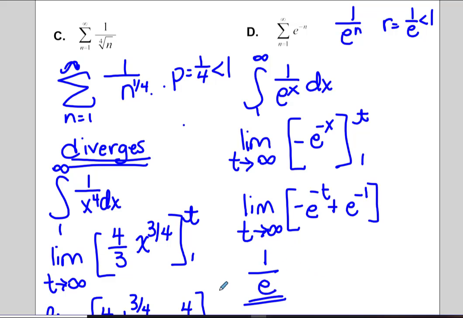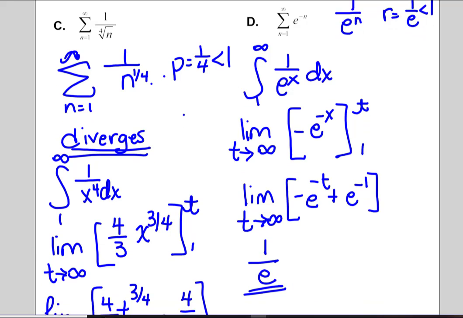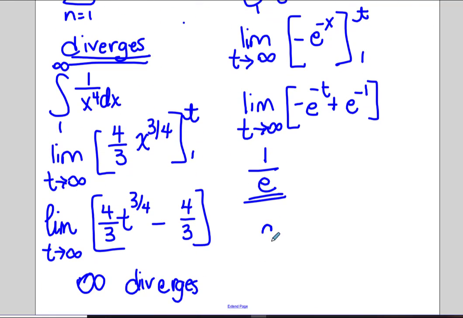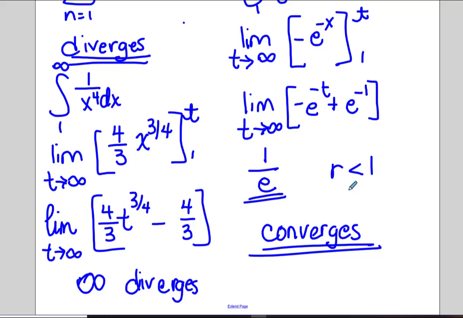This is the upper bound of the summation. And our series converges. So both by the integral test and by the geometric series test, because our ratio was less than 1. And we said this was the upper bound.